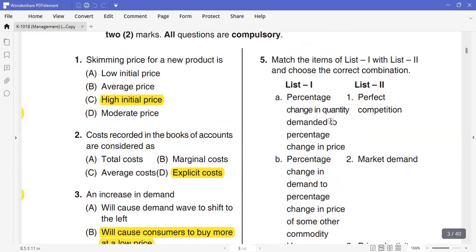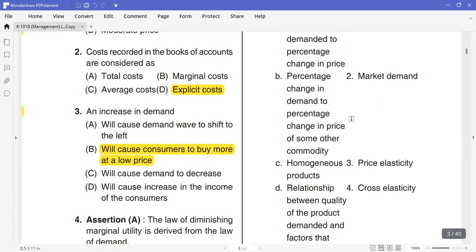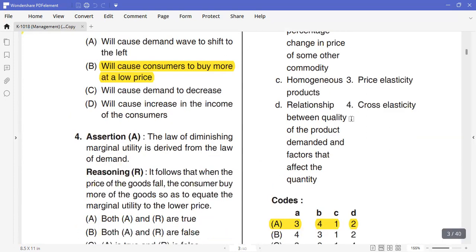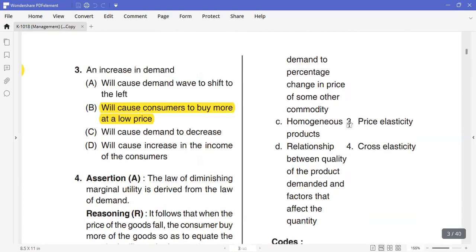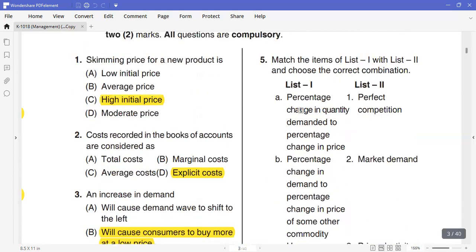Now let us go to the fifth question. It is the match the following. You have list 1 and list 2. You have to compare and mark the correct options in list 1 and list 2. So the correct option for question A is option 3. So let us look at question A. What is A?